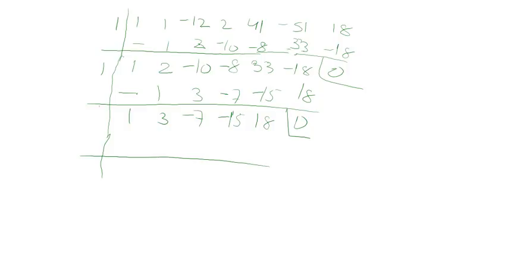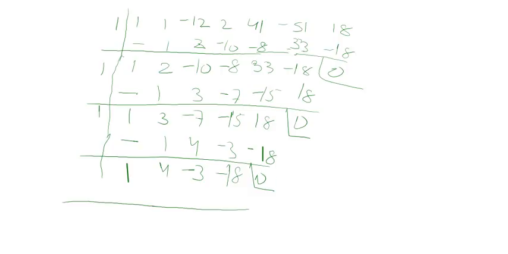So again 1 becomes a root. So you have 1, 4, minus 3, minus 18, and this is 0. So you have now x cube plus 4x square minus 3x minus 18.